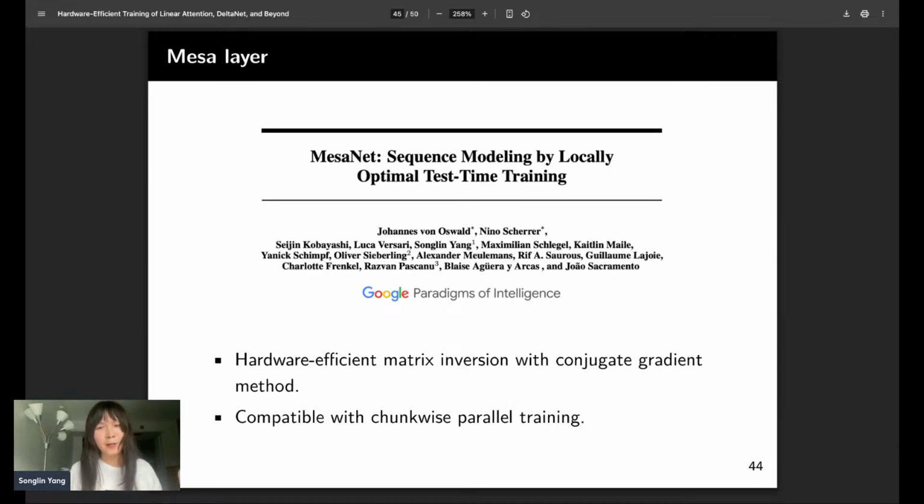And in this paper, we use the conjugate gradient descent method to compute this matrix inverse term. And this conjugate gradient method is totally compatible with the chunkwise parallel training algorithm as we introduced in the previous context, making the resulting Mesa Net very scalable. So this is the first time we can train this very interesting sequence modeling layer in a hardware efficient manner.